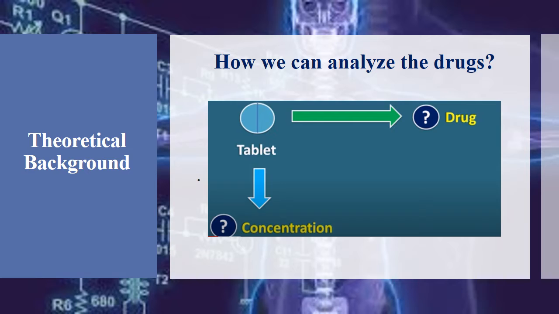So by using volumetric analysis, sometimes you can estimate what drug is present in the sample by using a suitable solvent and indicator. But this volumetric analysis has a few practical limitations, because all the drugs are not suitable for this volumetric analysis, and it requires the efficiency of the analyst, and it cannot be completely automated, and even we cannot analyze a large number of samples in a short period of time.